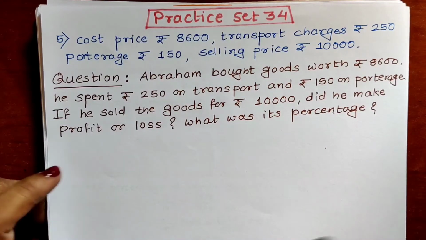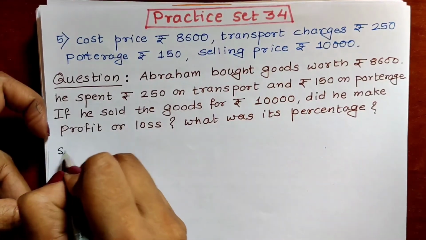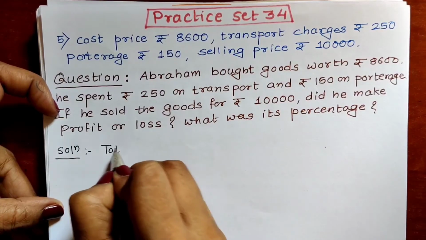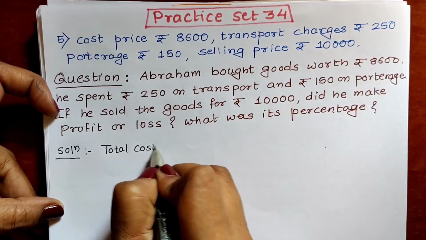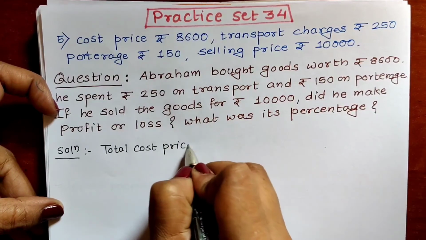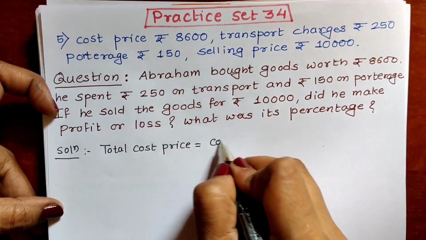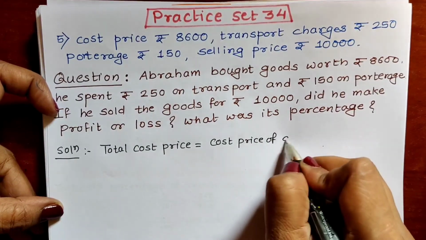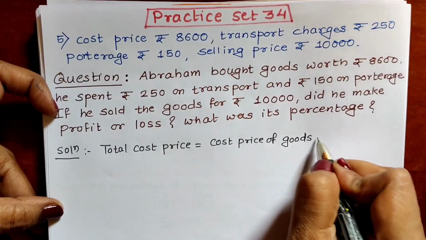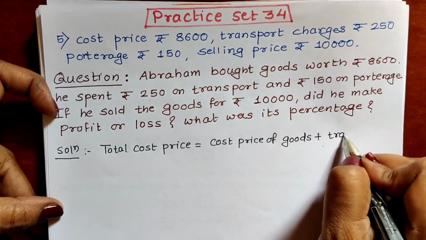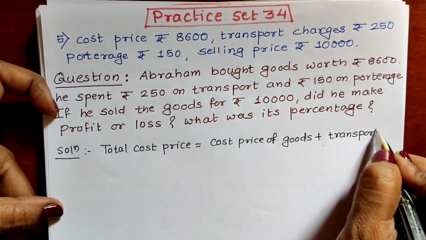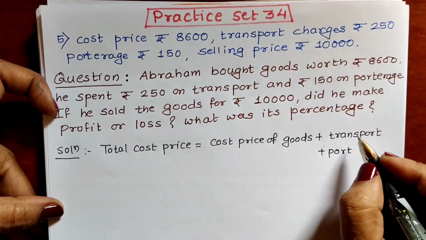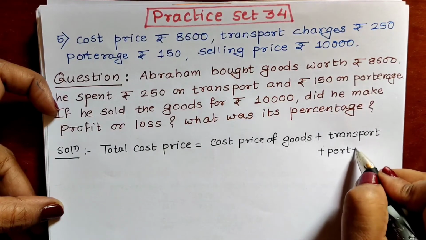In this way you can frame your question also. Now let us see how to solve it. Solution. What we have to first find out? Total cost price is equal to cost price of goods plus transport and plus porterage.